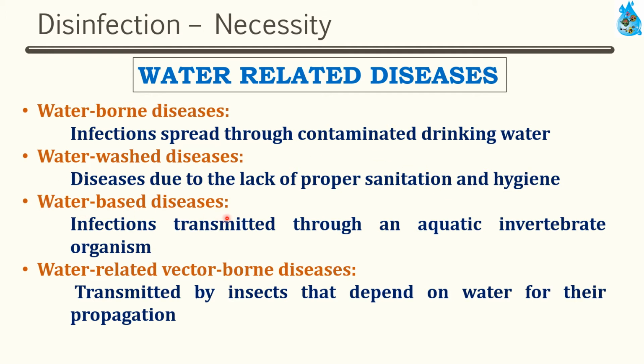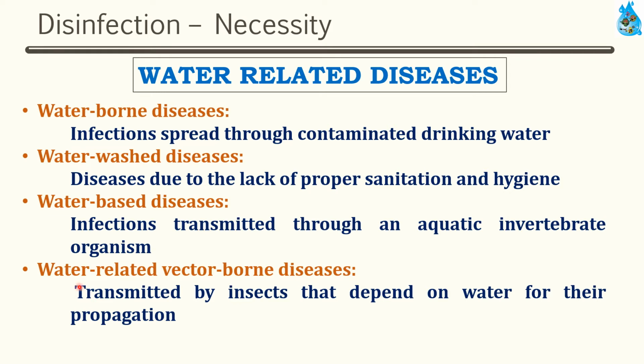Then water based diseases. These are the infections transmitted through aquatic invertebrate organisms, like the typical one I just said, Naru. That is an aquatic invertebrate organism. Cholera is another one. So these viruses and pathogenic bacteria are the cause of water-based diseases, and they are transmitted through organisms.